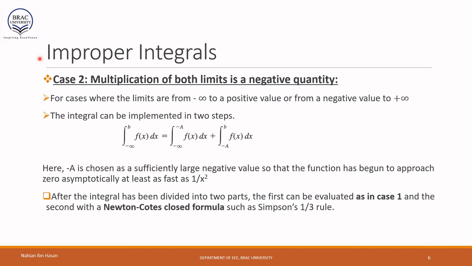Since this first integration can be solved using the case 1 approach, the second integral can be easily solved by the normal Newton-Cotes formula, because both of these limits are finite quantities. That's why we can directly apply the Newton-Cotes formula in the second integral. So that's how you approach the improper integrals.